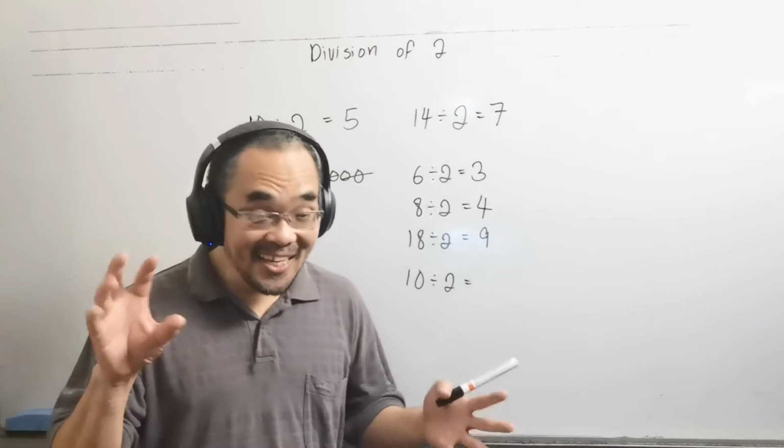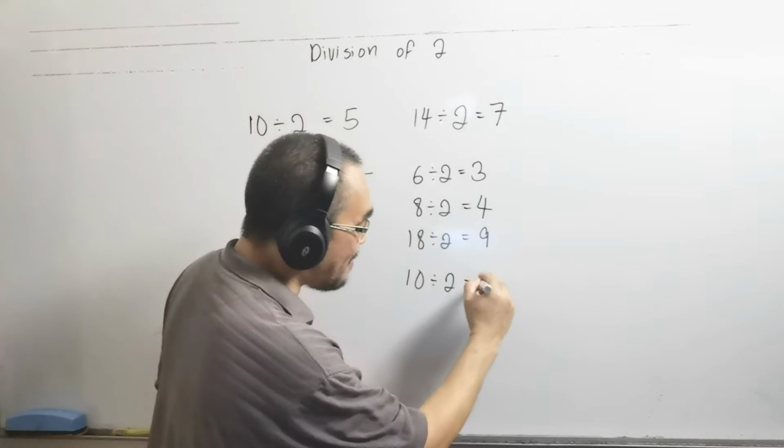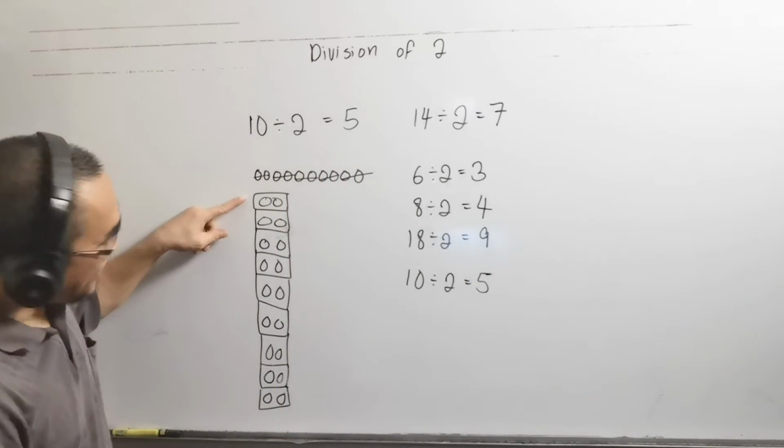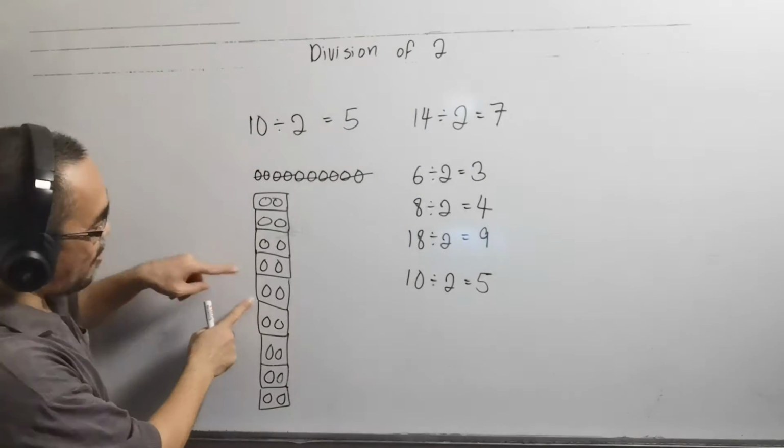So how many fingers? 5. 10 divided by 2 will be 5. It's the same thing. If you have 10, how many groups of 2? 1, 2, 3, 4, 5.